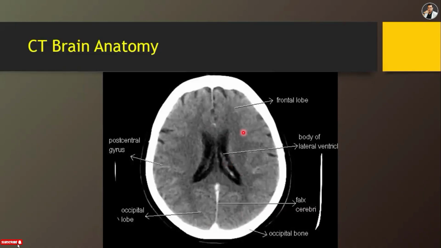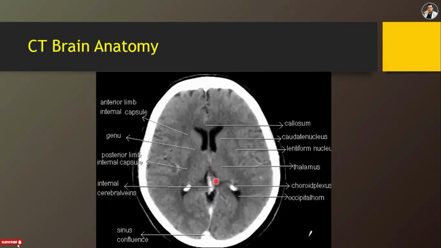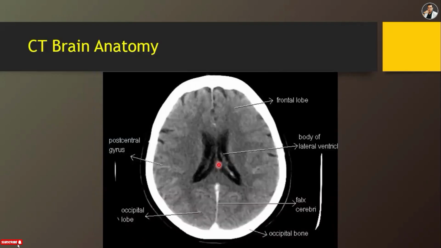On the upper side we have the frontal lobe and the body of the lateral ventricle. On this side we see the frontal lobe and the posterior lobe. Now we see the lateral ventricle, the body of the lateral ventricle, which contains CSF and choroid plexus.